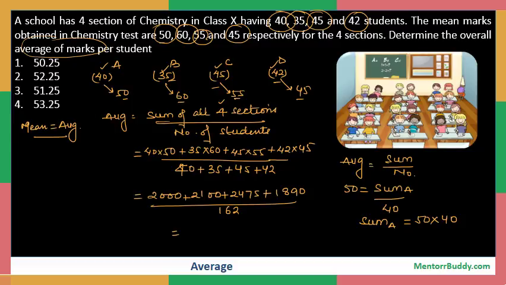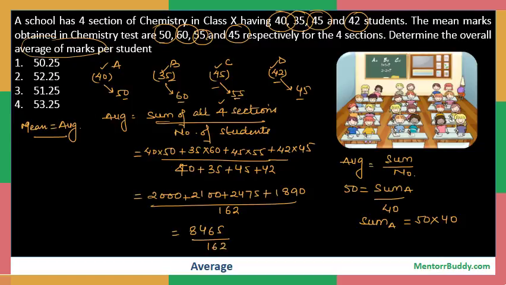So I'm just going to add these values: 2000 plus 2100 plus 2475 plus 1890, and we get 8465 as the total, divided by 162.